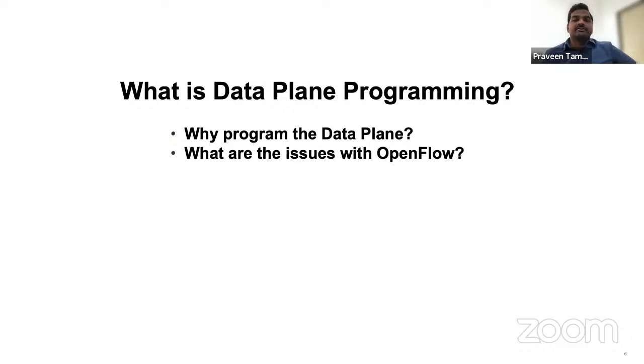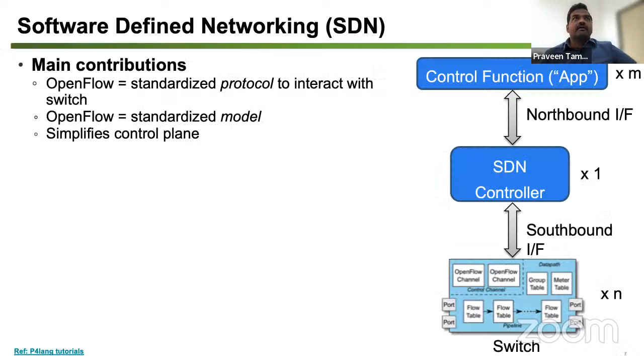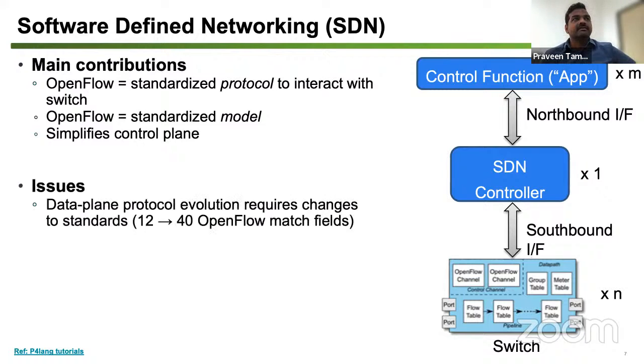And what are the issues with OpenFlow? While it did change the way we program networks, there are still some limitations. One is, if you look at the evolution of OpenFlow, especially whenever new network requirements come, you perhaps want to deploy a new protocol that requires matching on different header fields.